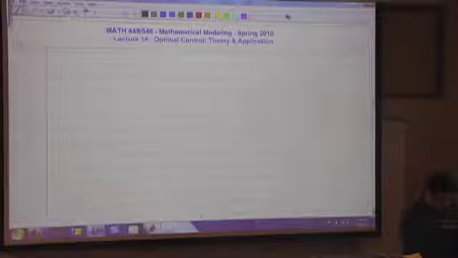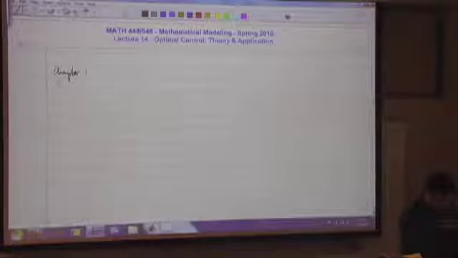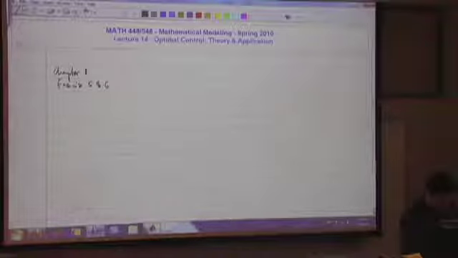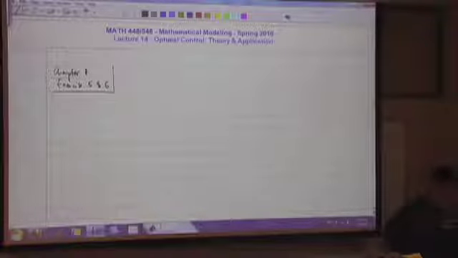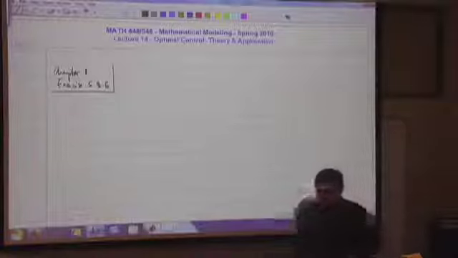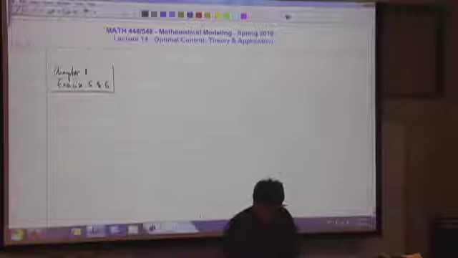So chapter 1, exercise 5 and 6, and we'll talk about how they fit in this larger theory of optimal controls.